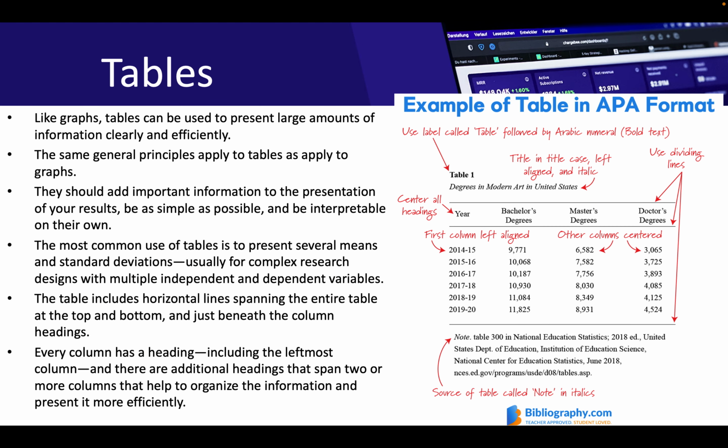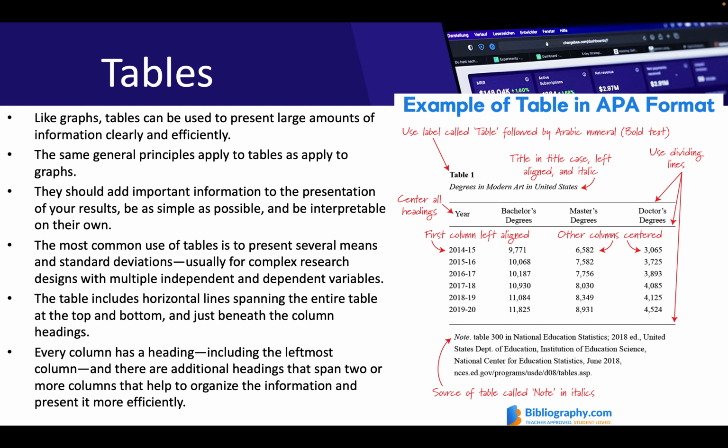Like graphs, tables can be used to present large amounts of information clearly and efficiently. The same general principles apply to tables as apply to graphs. They should add important information to the presentation of your results, be as simple as possible, and be interpretable on their own.